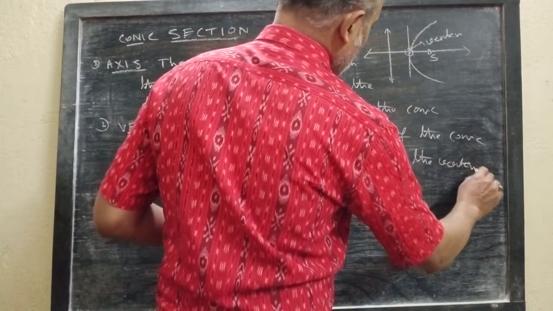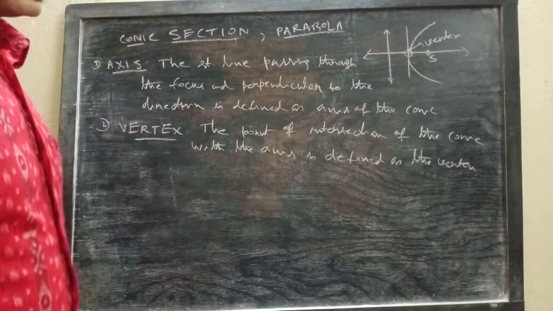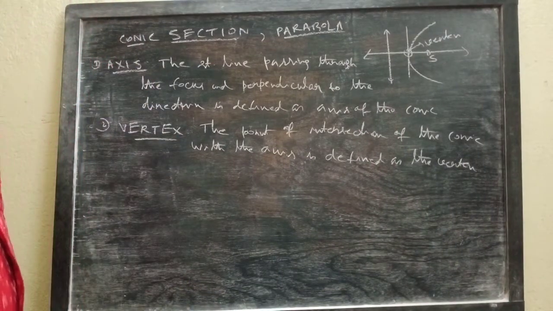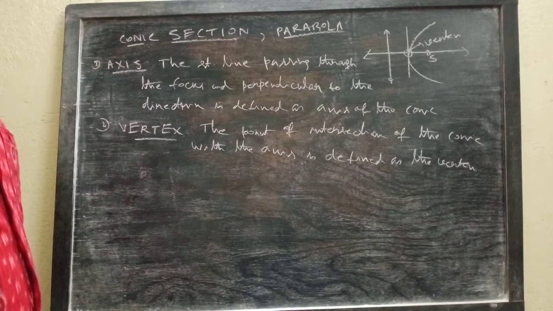In case of parabola, there is one vertex. But in case of ellipse and hyperbola, there are two vertices.